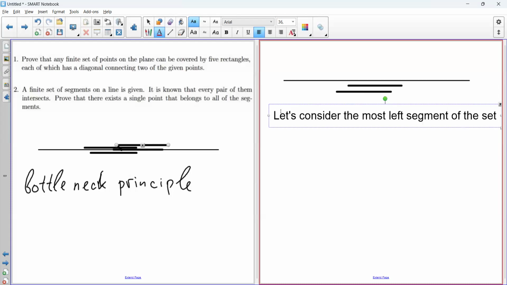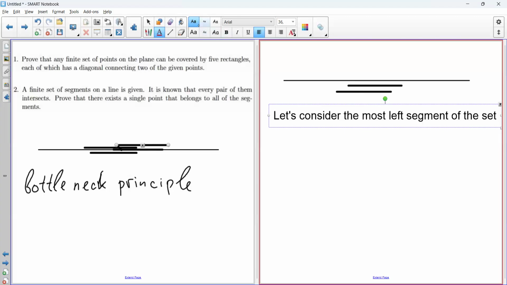So we just say that we will measure the position of the segment by its middle, by its midpoint, which makes much sense, right? And among these segments, we consider the one which has the most left position according to this metric.